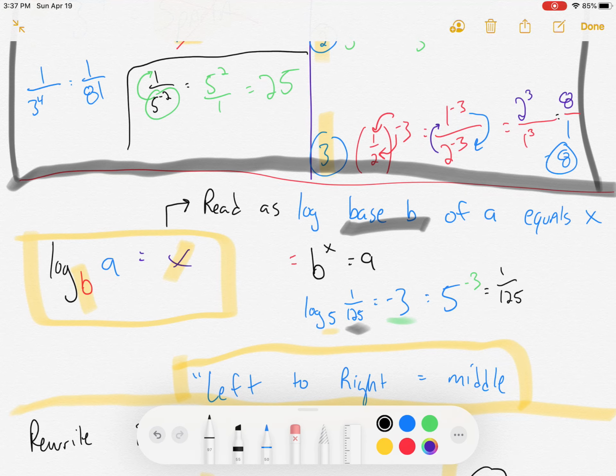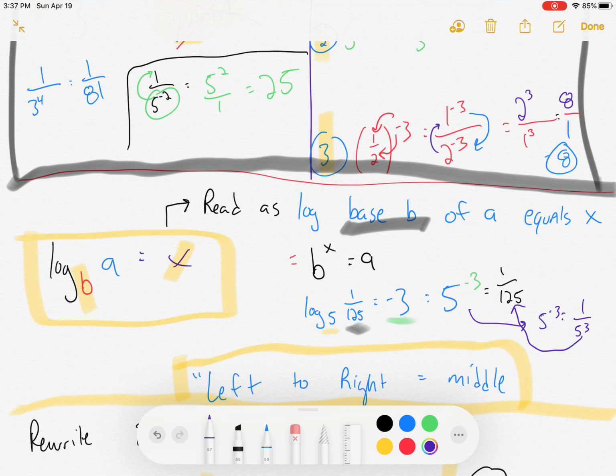What's my number in the middle? 1 over 125. And that makes sense because like we just talked about, to get rid of a negative exponent, it goes to the bottom. So 5 to the -3 is 1 over 5 to the third. 5 to the third power, we get 125. So again, it's left to right power equals the number in the middle.